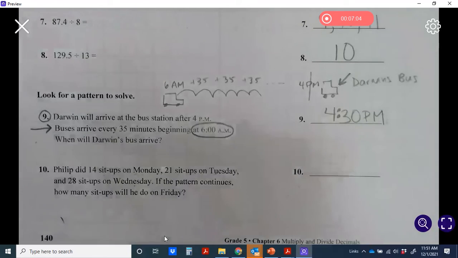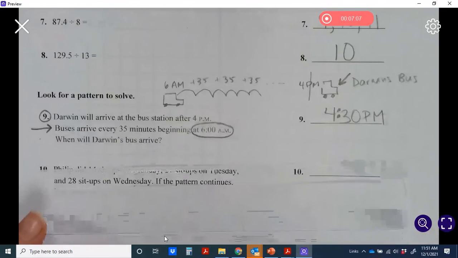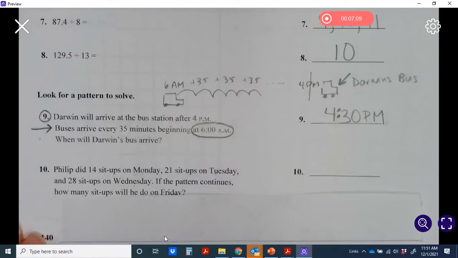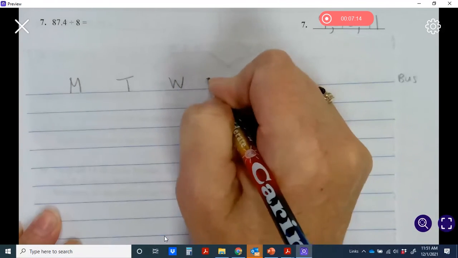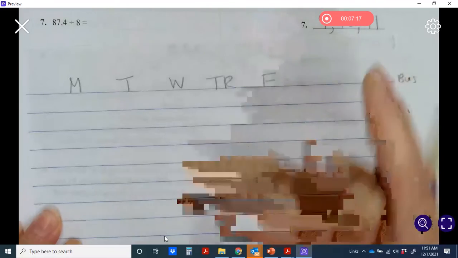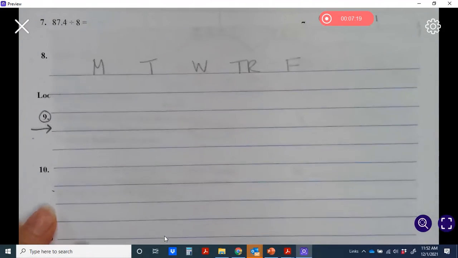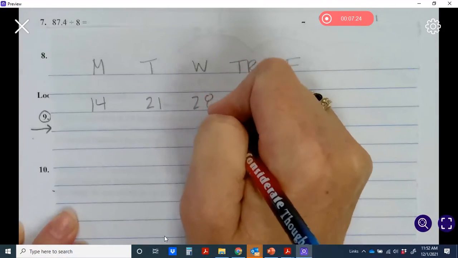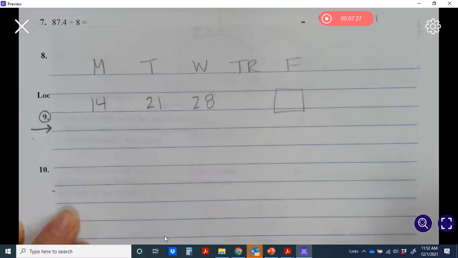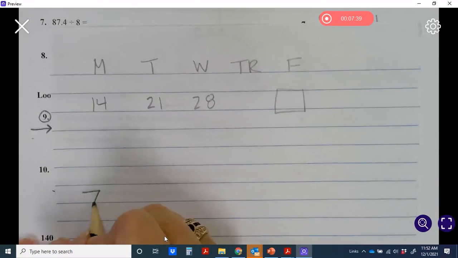All right, so Philip has Monday, Tuesday, Wednesday, Thursday, and Friday. On Monday, he does 14. Tuesday, he does 21. Wednesday, he does 28. And we want to know how many he does on Friday. Now this is when you need to know your multiplication facts. Why? Because these are all multiples of what number? Multiples of the number 7.